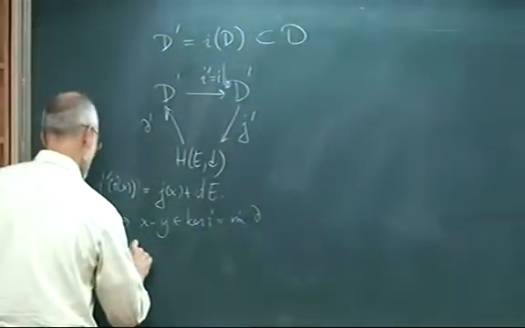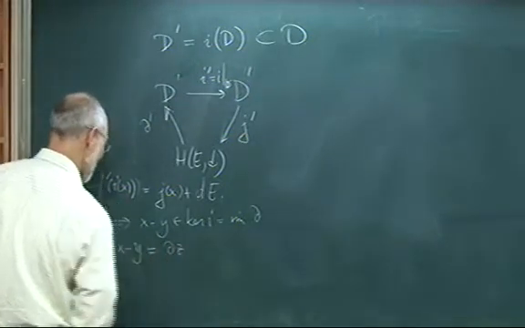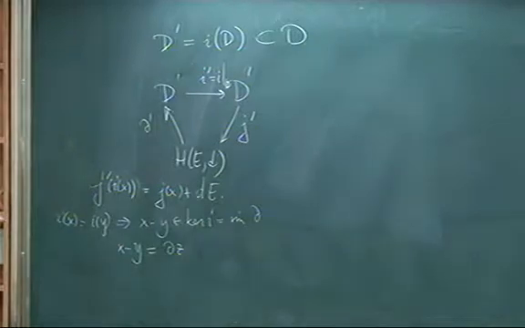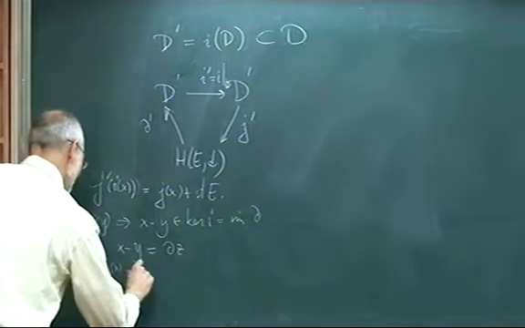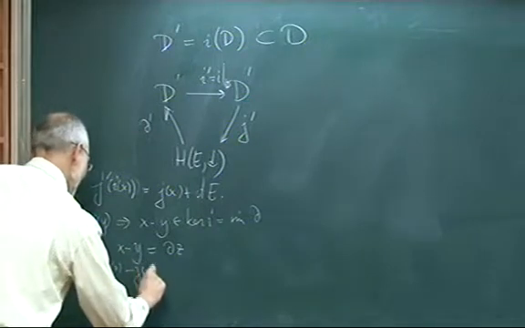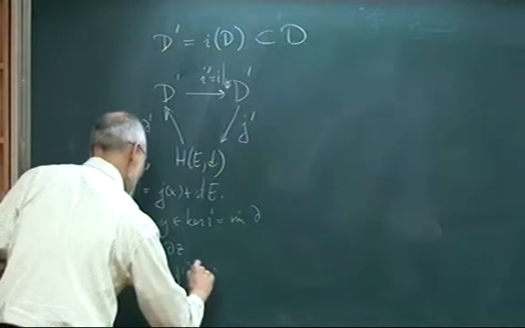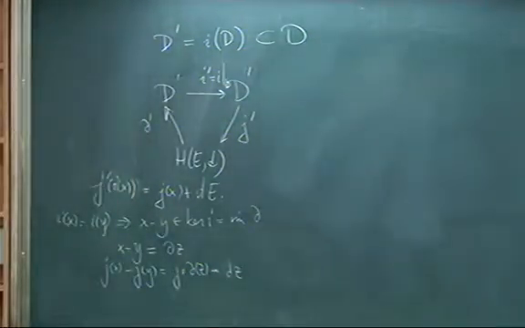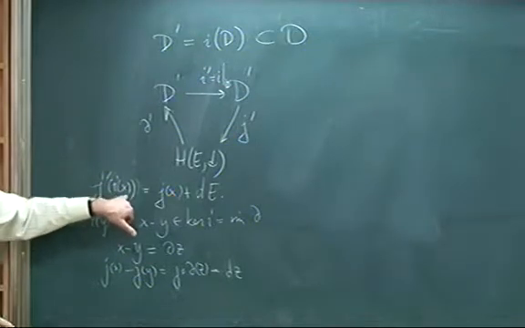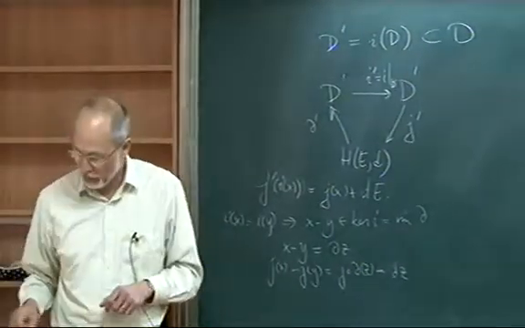And so I could write X minus Y equals delta of Z. And when I apply J to this, I get J of delta of Z, which is D of Z. So this shows that whatever representative I choose of I of X, I always get the same answer. And so this is a well-defined mapping.